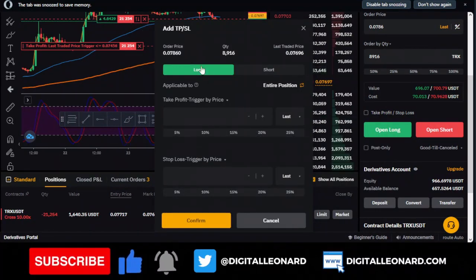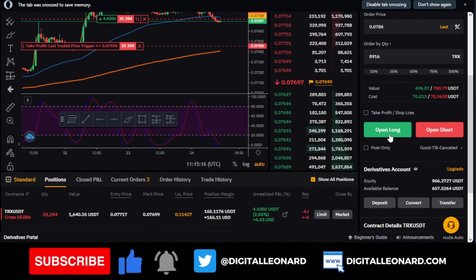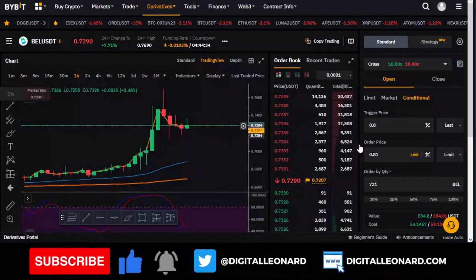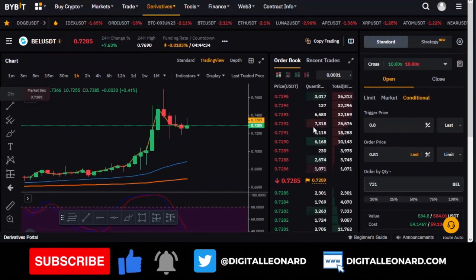Then you decide to set your stop loss for a long position or for a short position, put the prices you want to set or use the percentage slider here, and click on confirm. After that, you can decide to open either a long or short position on the particular trade. So that is how simple it is to use the stop loss option on Bybit, for futures trading and spot trading.